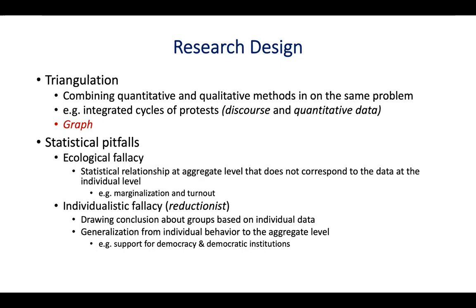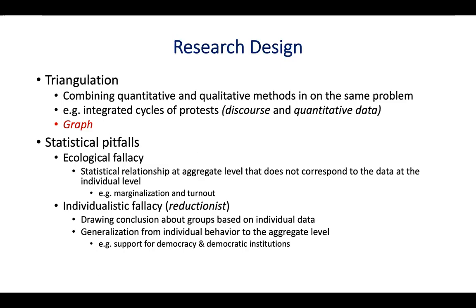So you try to generalize from individual behavior to the aggregate level, or the aggregative relationship. You try to draw conclusions about groups or certain collectivities based on individual data.